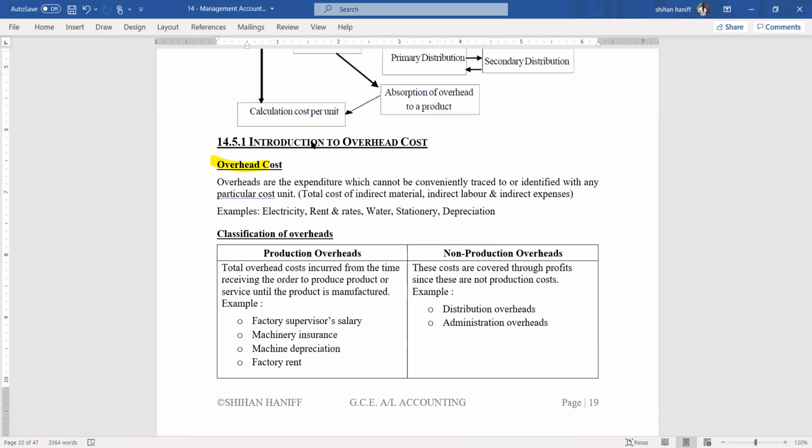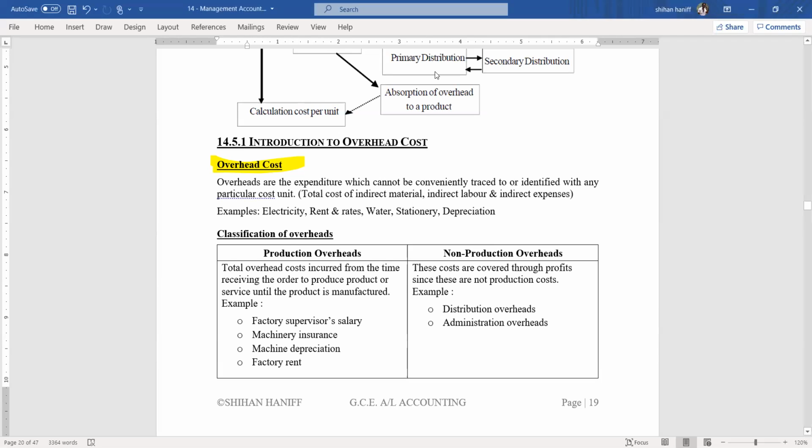Overheads are the expenditure which cannot be conveniently traced.